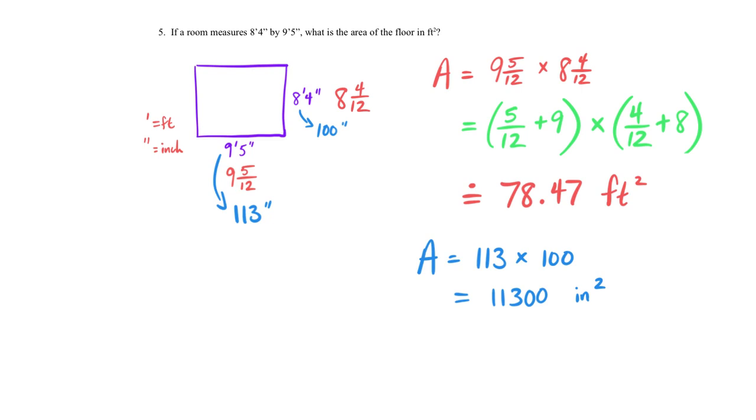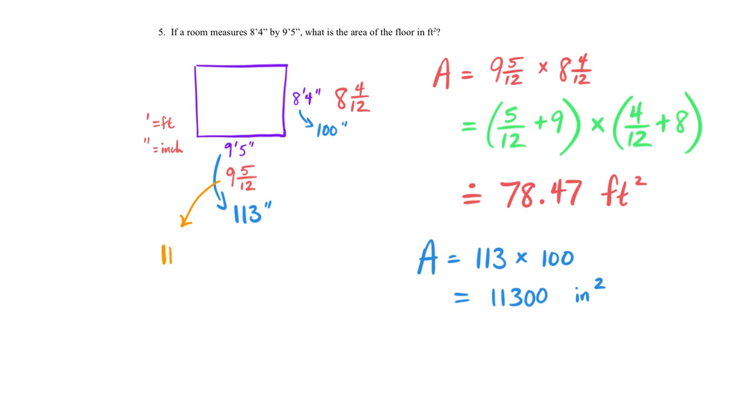If I took a look at my red dimensions now, and I converted each one of those mixed numbers into an improper fraction, I'm still keeping it in feet, but what I'm doing is I'm kind of eliminating my mixed number.